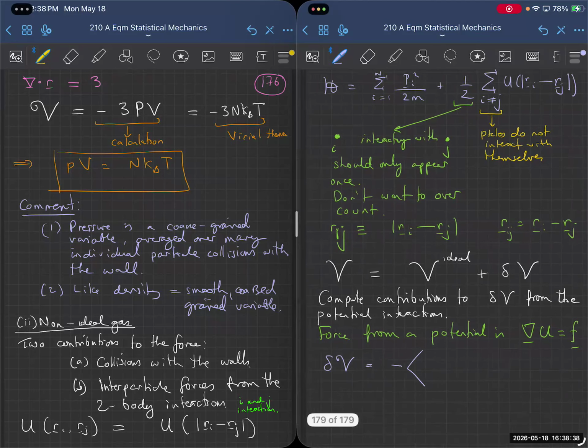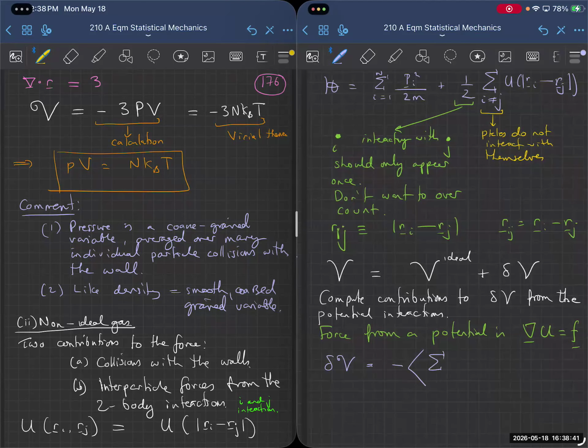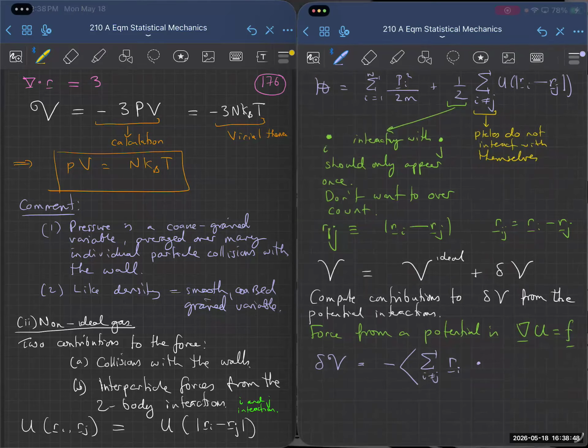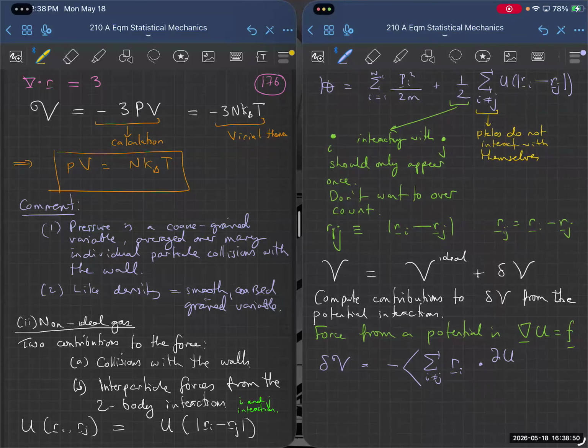It's the average of the sum over i not equal to j of Ri dotted with the gradient du/dRi, that's the force from the potential on particle i, and that depends on the distance between particle i and particle j, and then we sum over particles.